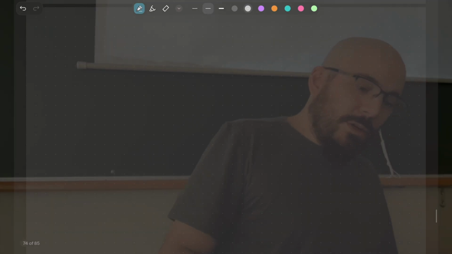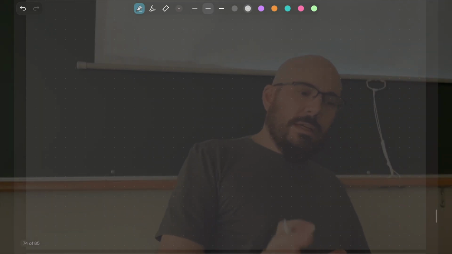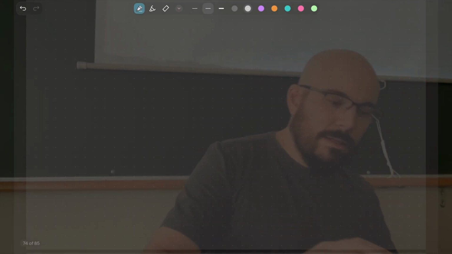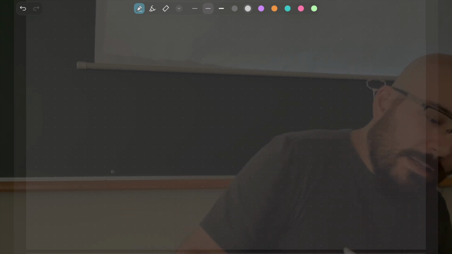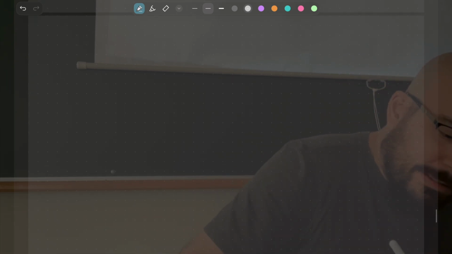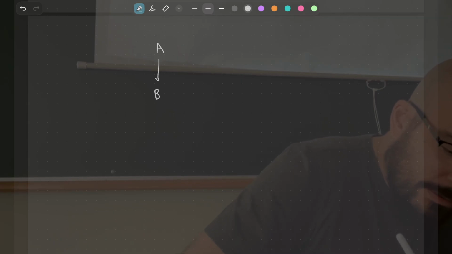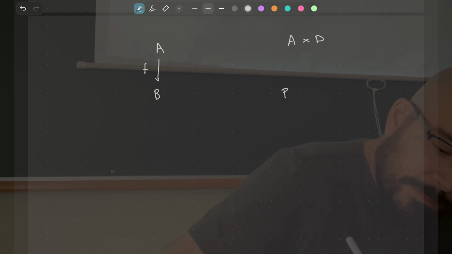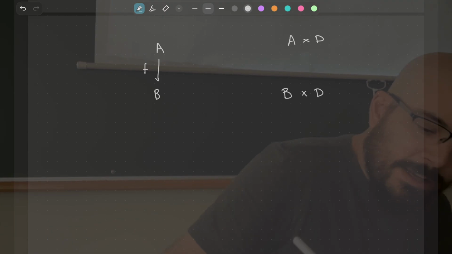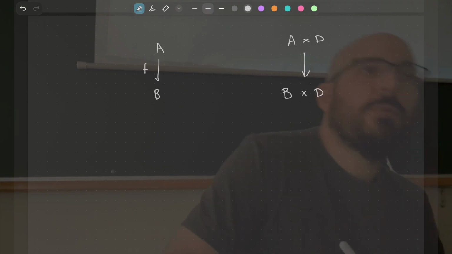Okay, so a small teaser exercise. Should be kind of trivial. If you have a function from A to B, let's call it f, and eventually I have something like A cross D, and I want to go to B cross D, and I tell you, okay, go the obvious way.